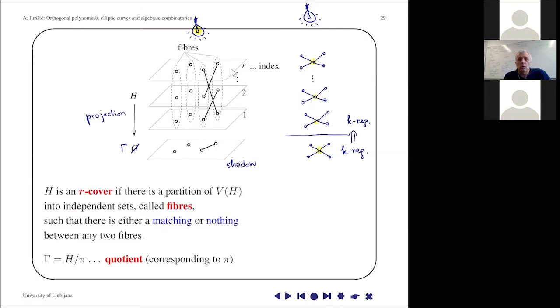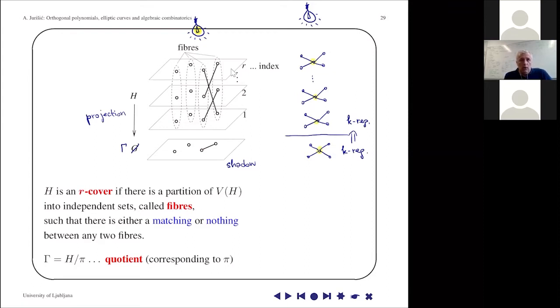So the claw goes to several copies of claws. So if the shadow graph is k-regular, then the original graph, the covering graph, the R-cover, is also k-regular, because these claws lift to R copies of claws.